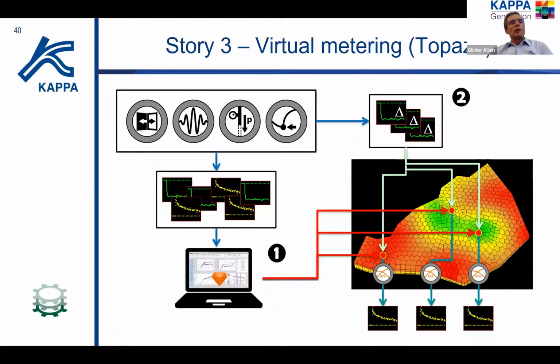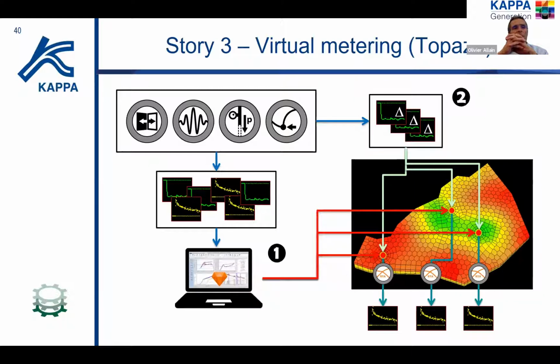One workflow I will demonstrate later is the virtual meter. So the idea here is that for a given well, we have made one analysis, let's say production analysis using Topaz, and we end up with some kind of model that lets us simulate rates from pressure. And from this point on, what we want is that we want KAPPA-Automate systematically to generate rates from pressure as pressure is progressing.